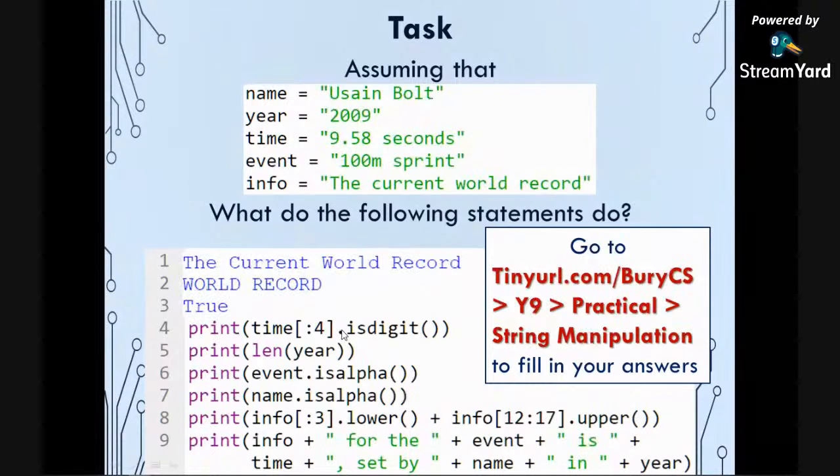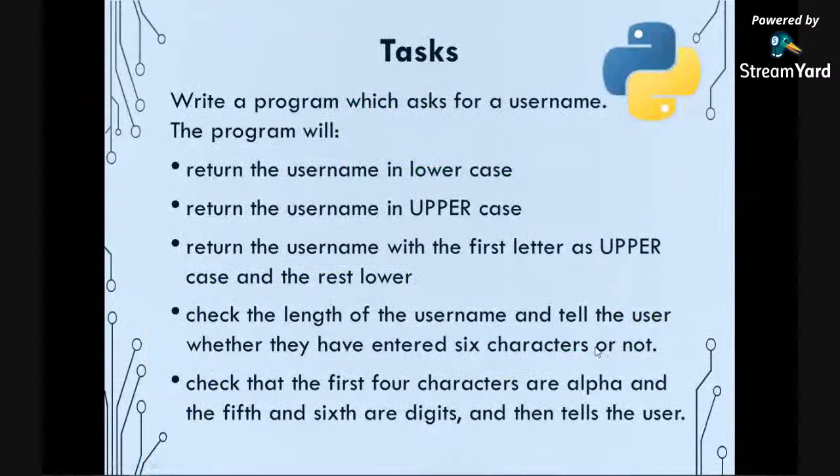Close the square brackets, dot isalpha and dot isdigit. Okay, so that's what I'd like you to submit for me before next week. But if you can get it done today, that would be great.